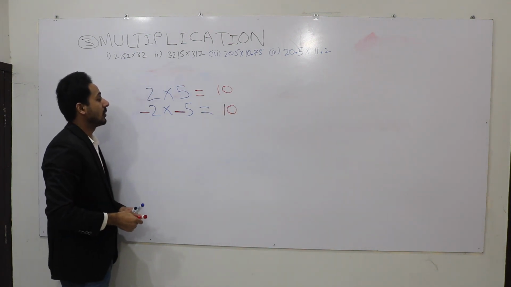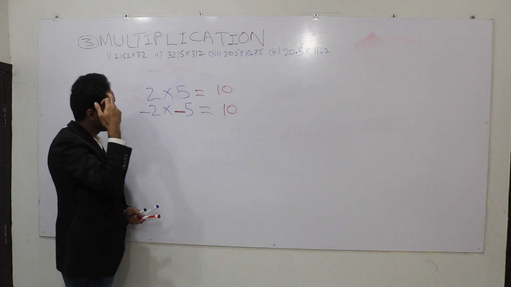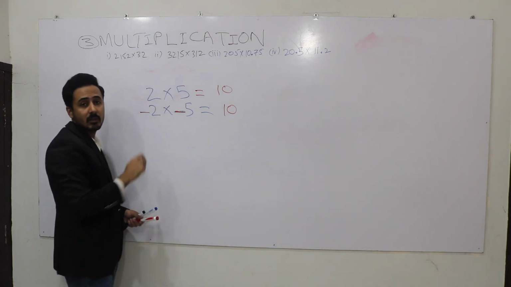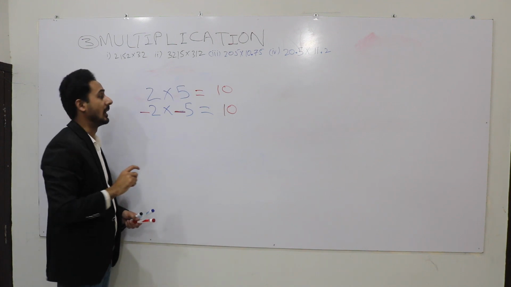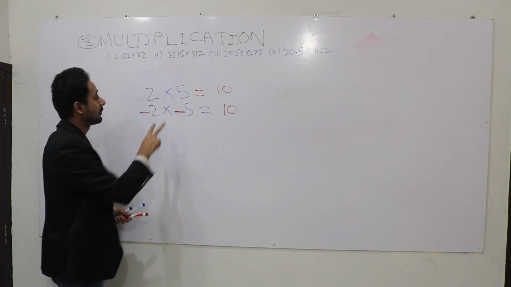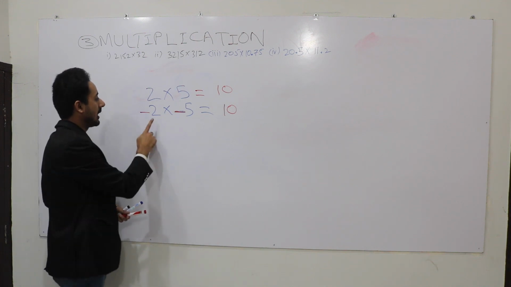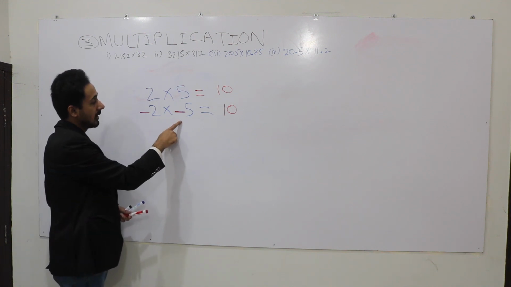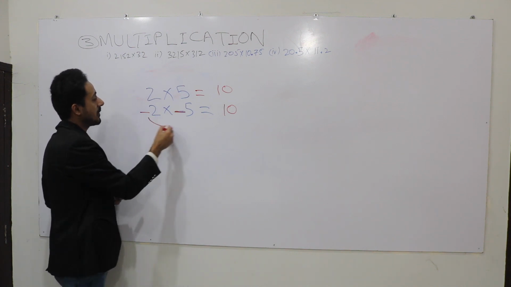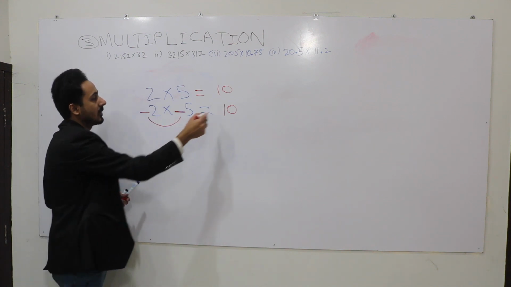Why? Because in both cases, the both numbers have the same sign. Here both numbers contain positive sign, which means same sign. Again here both numbers have negative sign, which is same sign, so answer will be positive.